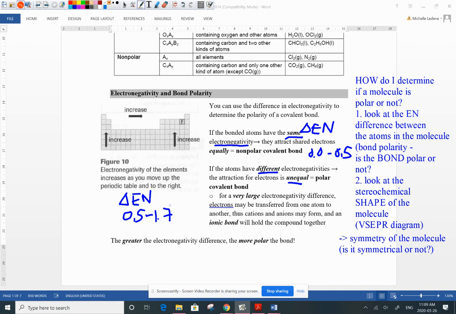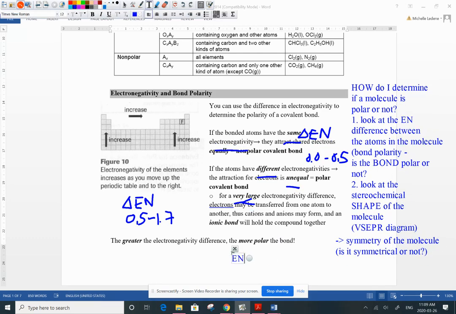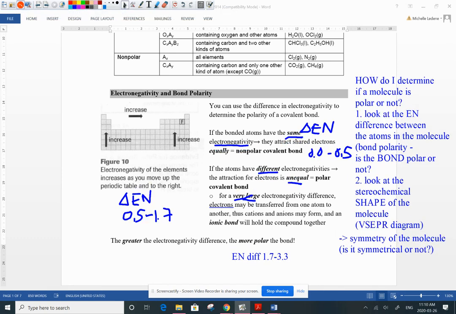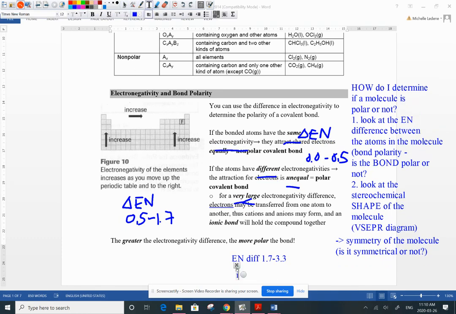And if we have a really large electronegativity difference, and what do I mean by really large? We're looking at changes of electronegativity values between the two atoms between 1.7 and 3.3. We would say that that's such a big electronegativity difference that we would call that an ionic bond.